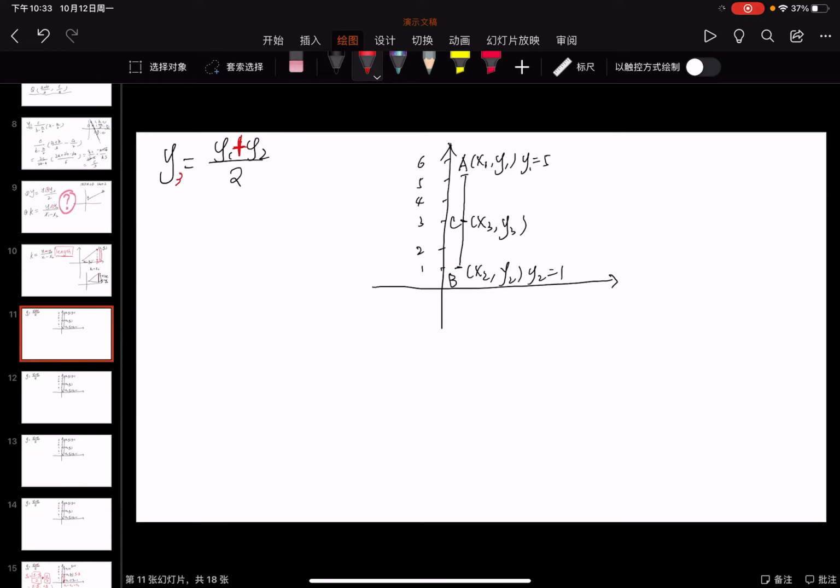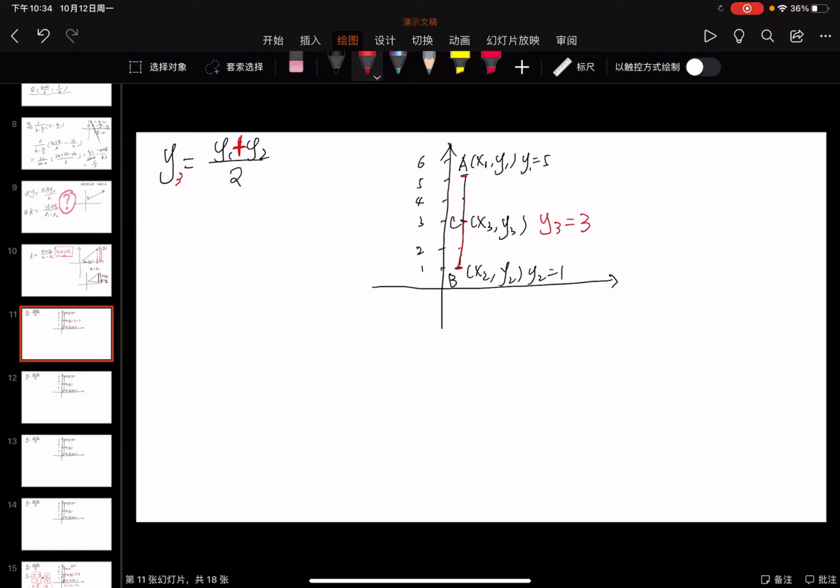If we think about those numbers, B is 1, A is 5, and then 1, 2, 3, 4. The length is 4, and half of the length is 2. Because it starts at B, 1 plus 1 plus 1 is 3. So we can see y3 equals 3.